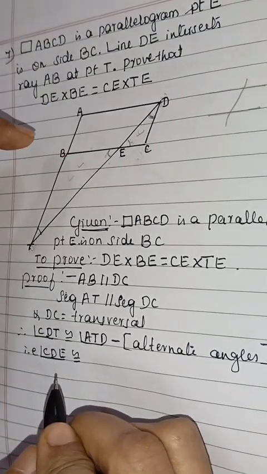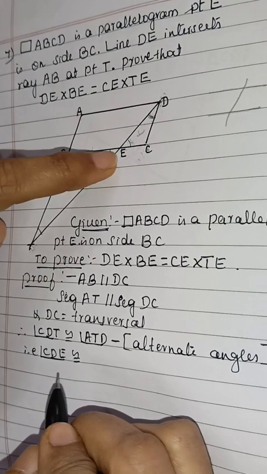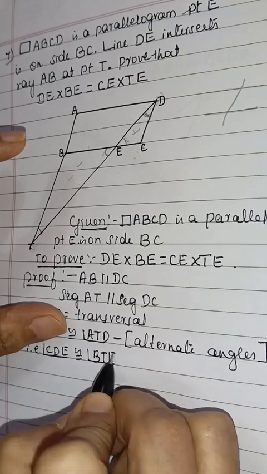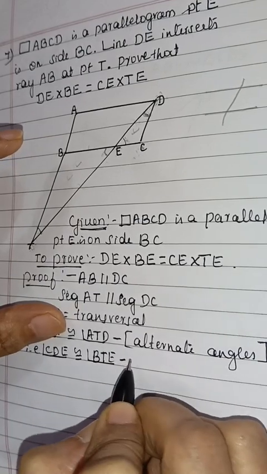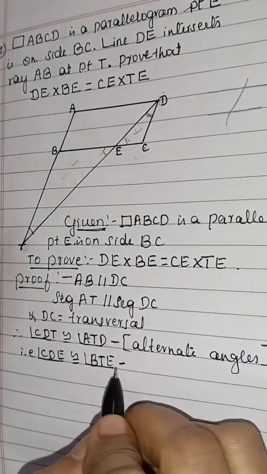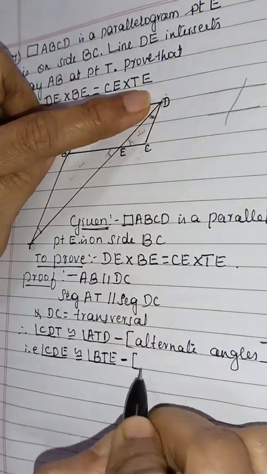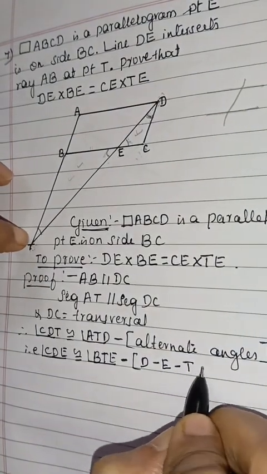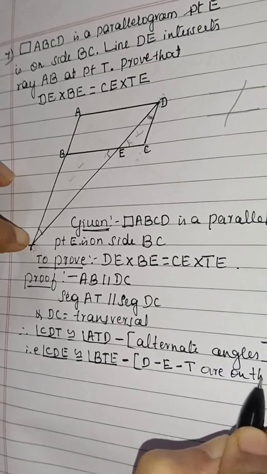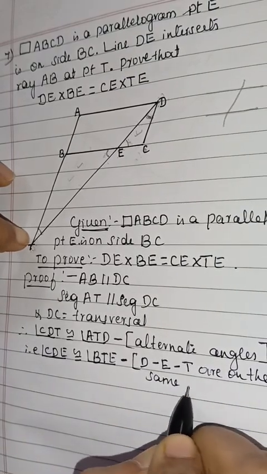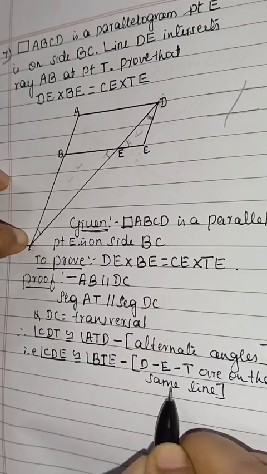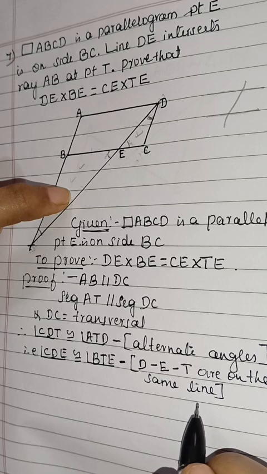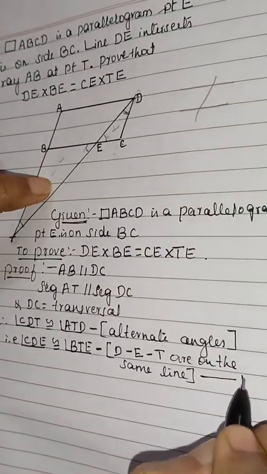ATD means BTE, because D, E and T are collinear, are on the same line. So this is equation number 1.